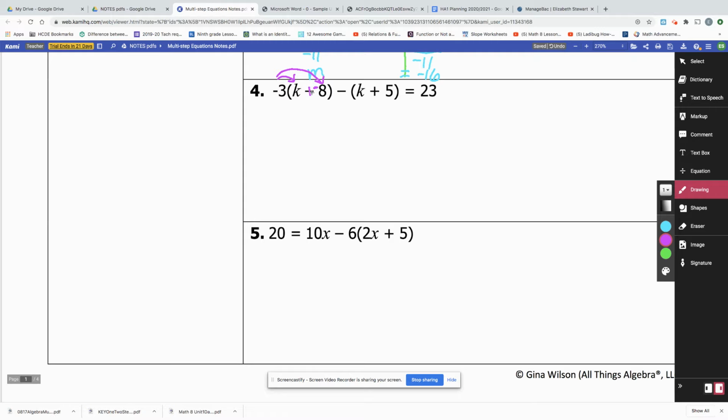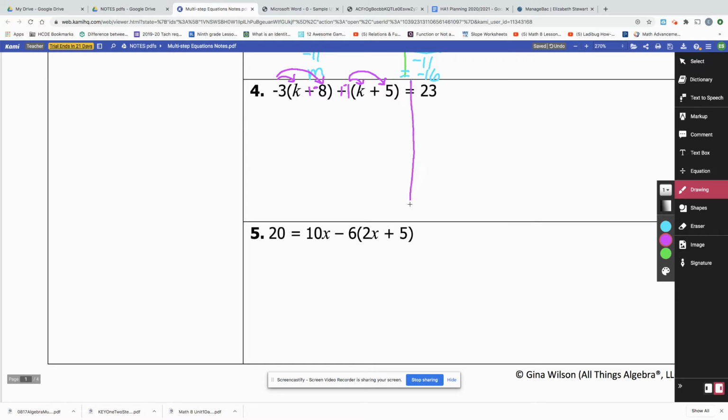So I'm changing that minus to plus a negative. Over here, before I distribute this first part, I'm going to mind this subtraction sign right here. And there is a 1. If I don't see a number, I know that it's 1. So I'm adding a negative 1. And that negative 1 is going to be multiplied by 1k and negative 1 times positive 5. I've got a positive there, so I don't have to worry about that.